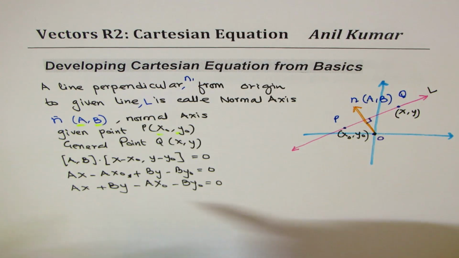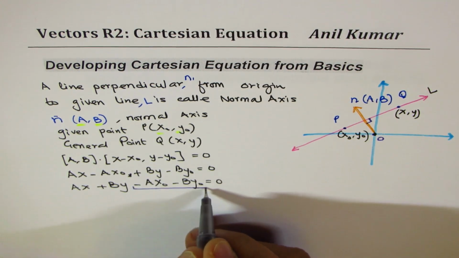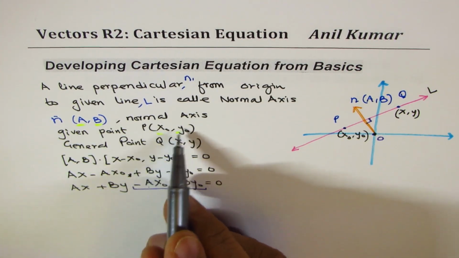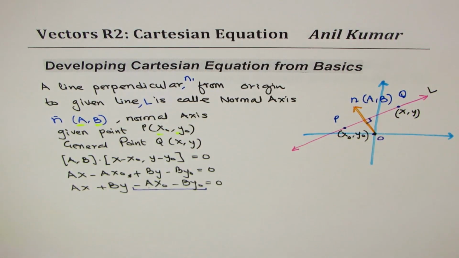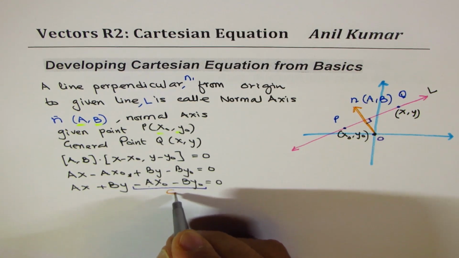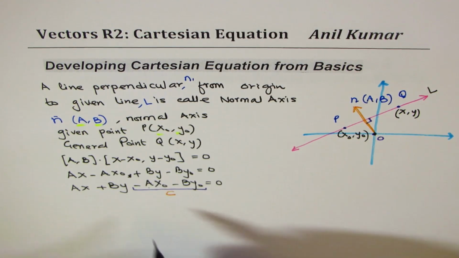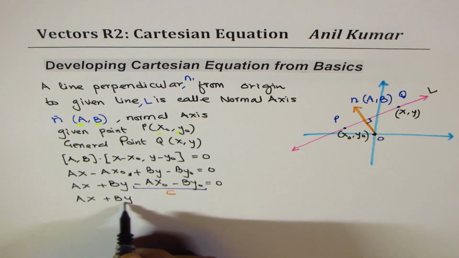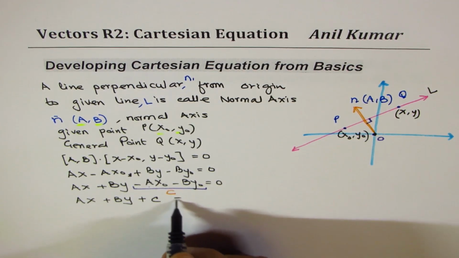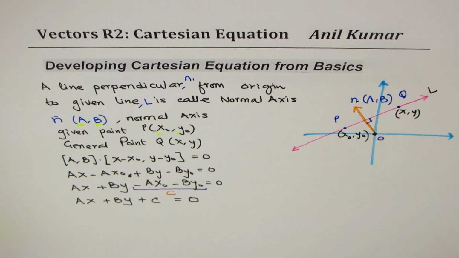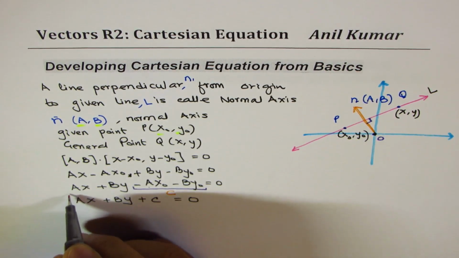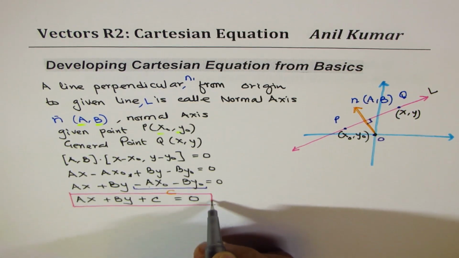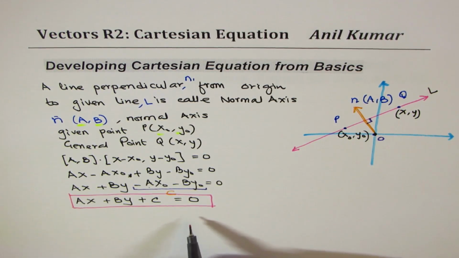As you can see here, these are known to us. They are constants. A is given to us, B is given to us, and these 2 points are also given to us. So we can replace this by another constant C and rewrite the equation as Ax plus By plus C equals 0. That becomes the Cartesian equation for any line whose normal is known to us.